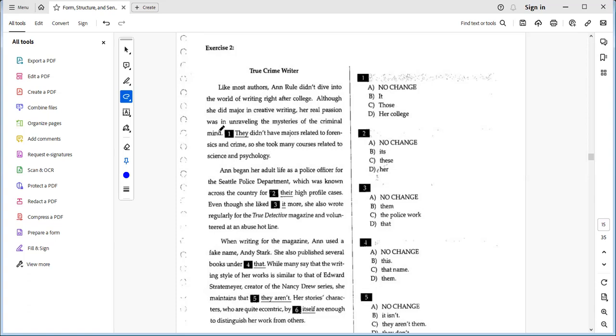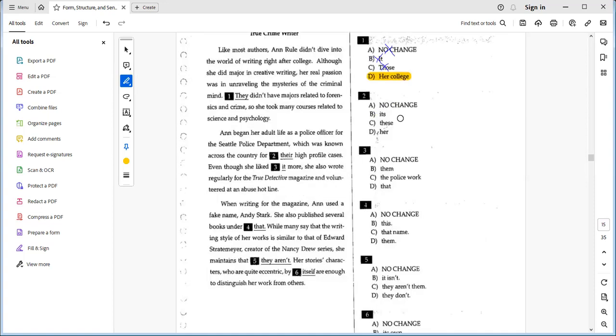So let's look at the sentence before: although she did major in creative writing, her real passion was in unraveling the mysteries of the criminal mind. Again, nothing indicates they. So it's better to find a noun. It's not they, it's not it, it's not those. So I'm going to take her college.